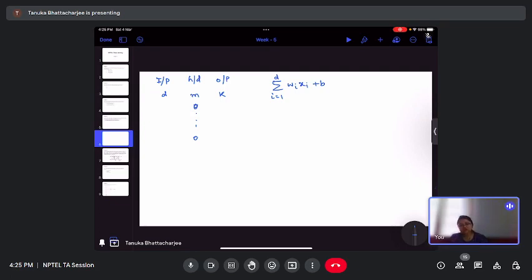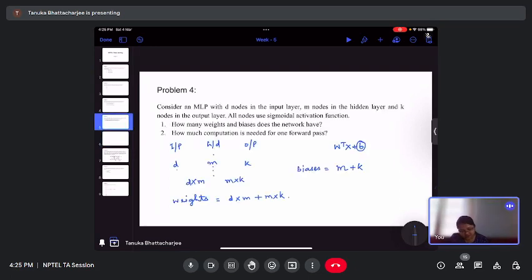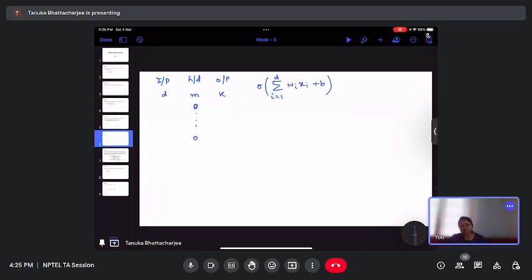Now each of the neurons is doing this and adding an activation function on top of it. That can be any activation function. Here we have said that it is a sigmoidal activation function that is added. Now each of the neurons is doing this and generating some output. Then again the K neurons in the output layer are doing the same operation on the outputs of the hidden layer.